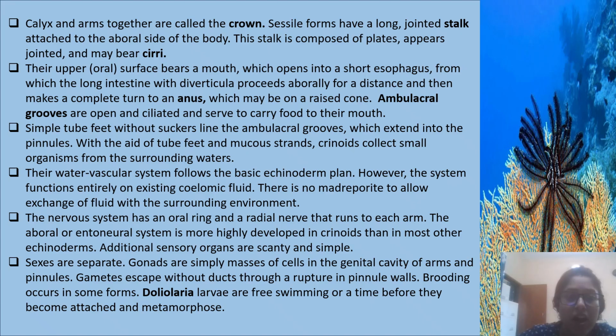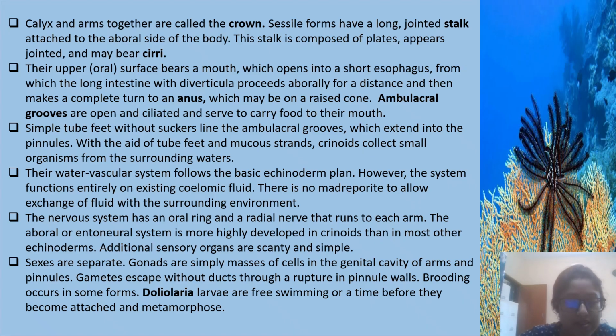Ambulacral grooves are open and ciliated and serve to carry food to the mouth. Next point, tube feet. Simple tube feet without suckers line the ambulacral grooves, which extend into the pinnules. With the aid of tube feet and mucous strands, crinoids collect organisms from the surrounding waters.